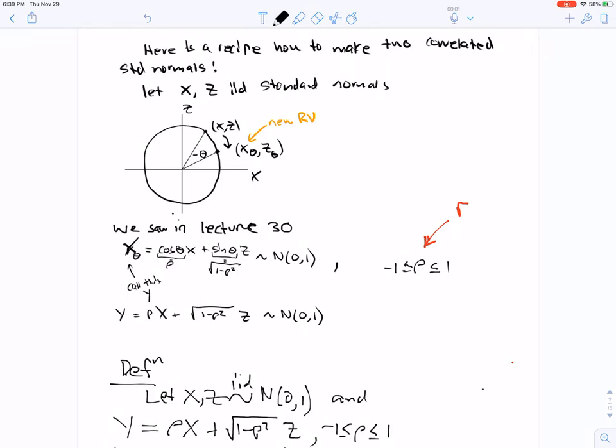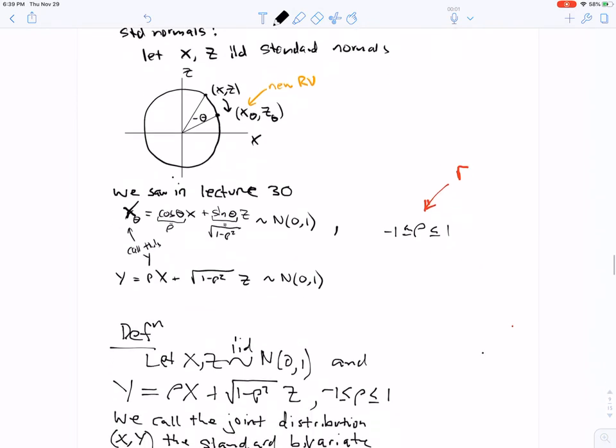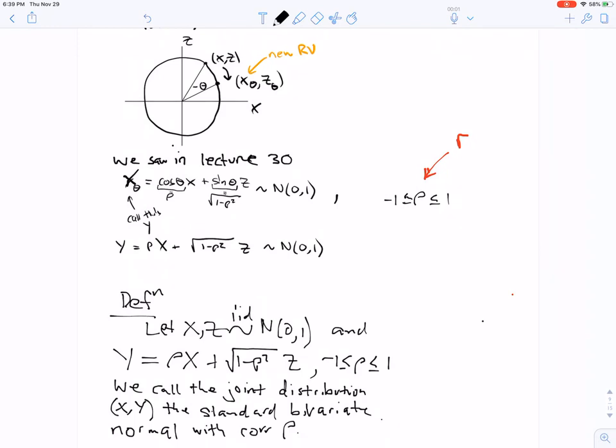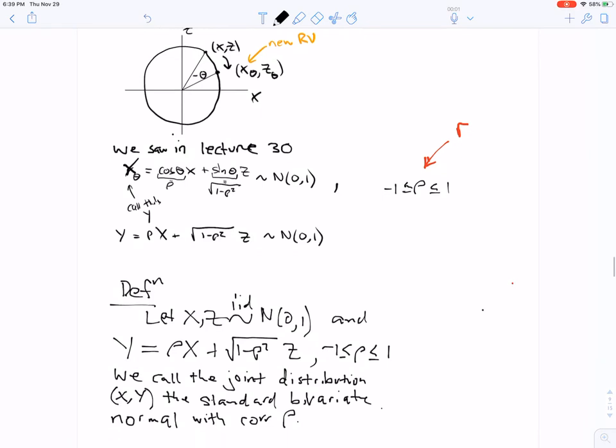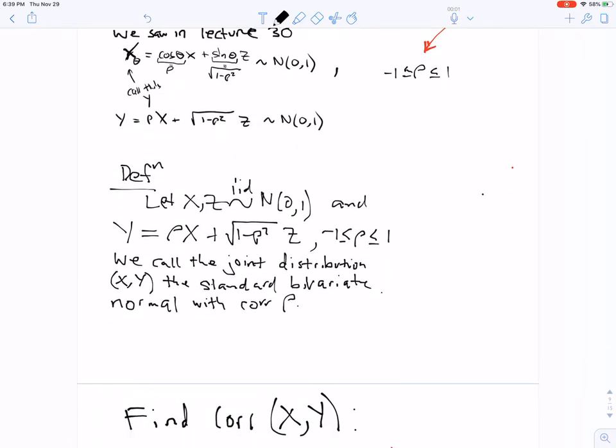We showed that in lecture 30. Letting rho be cosine theta, which is a number between minus 1 and 1, you can write Y as rho X plus square root of 1 minus rho squared Z, which is standard normal. And so that brings us to our definition of bivariate normal. X and Y are standard bivariate normal with correlation rho if they're created from IID standard normals X and Z as above.